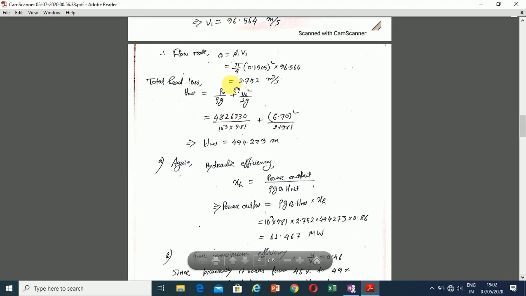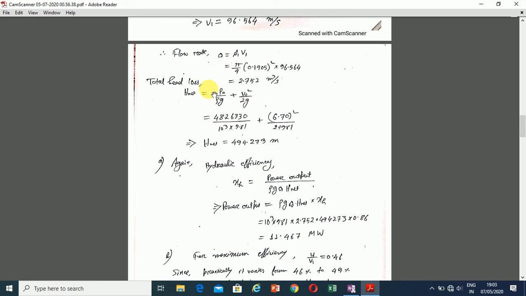Now flow rate is Q is equal to A1 into V1. Given diameter is 0.1905 meter, that is A1 is equal to pi by 4 into 0.1905 square into 96.564, that is 2.752 meter cube per second.